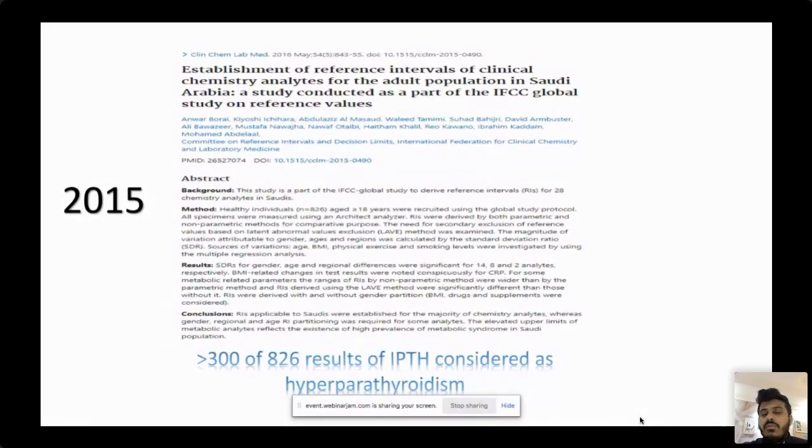This was a very confusing issue for us because all those patients were not suffering from any symptoms of hyperparathyroidism.